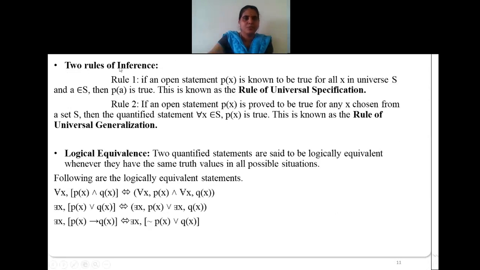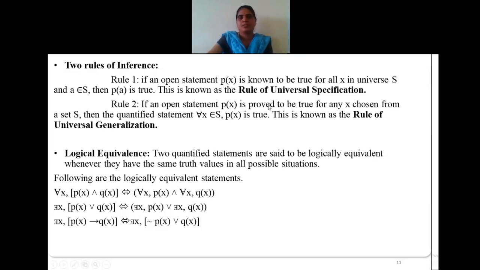Next, there are two rules of inference in the case of quantified statements. If an open statement P(x) is true for all x in the universe S, and a belongs to S, then P(a) is true. This is called the rule of universal specification. That means if you consider any value in S, it is true.